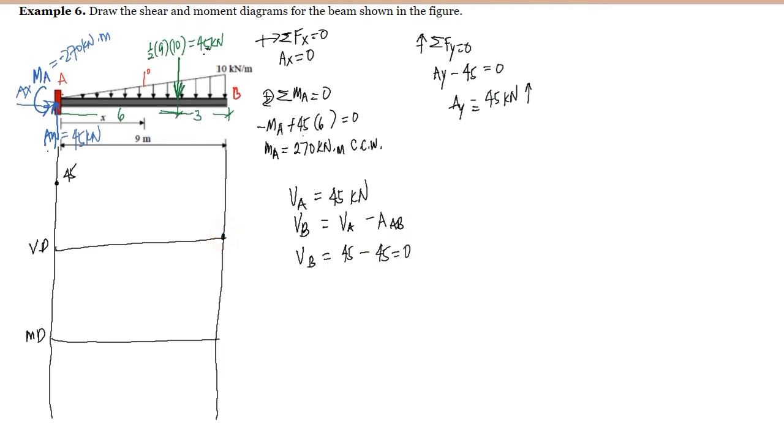And if we are going to connect this 45 kilonewton here to 0 here, what we are going to do is to make use of the dy/dx. So since we have increasing load here, we will be using the dy/dx and bending the x-axis.